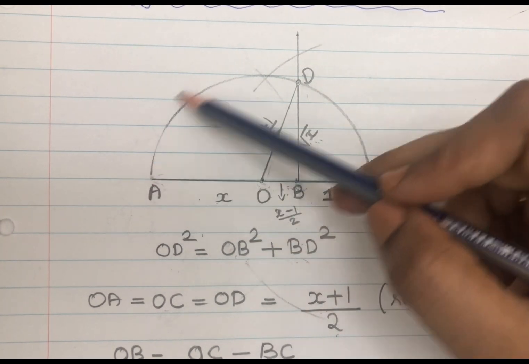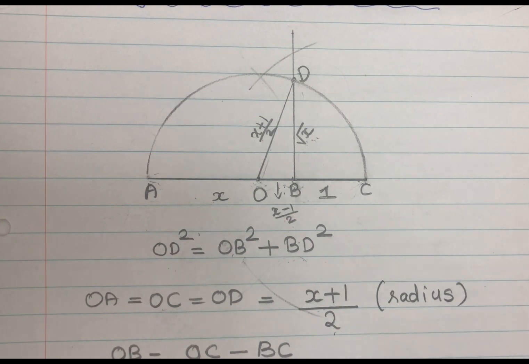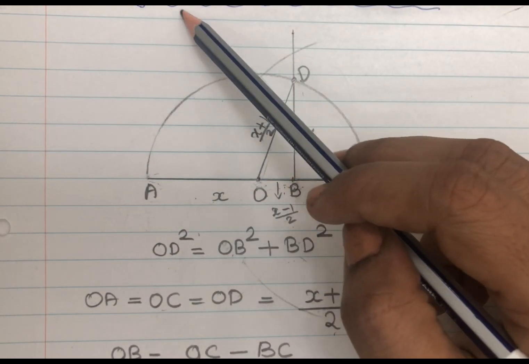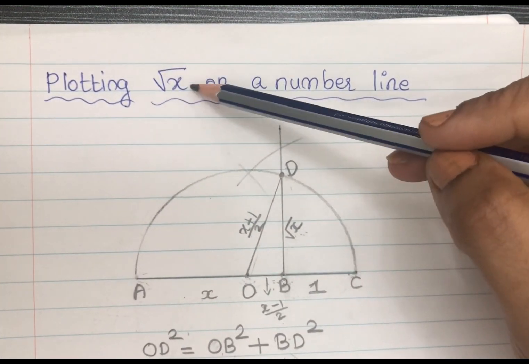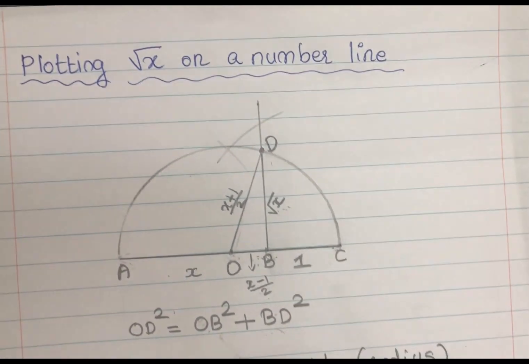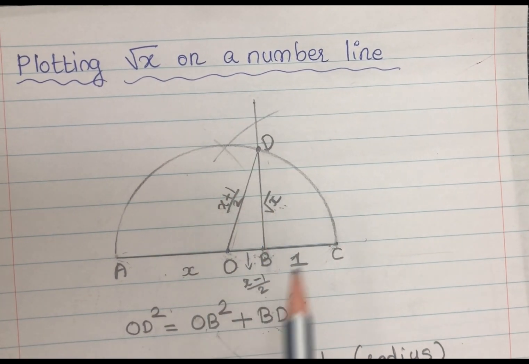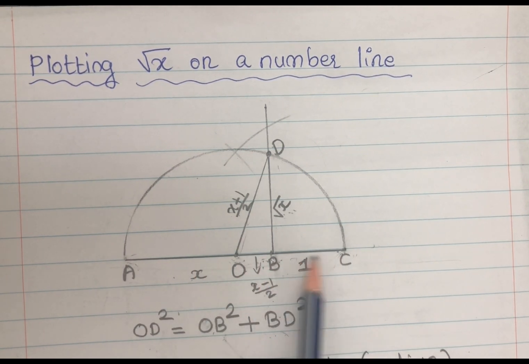So for any positive real number x, can we plot it? How can we plot root x on a number line? We use a similar way. First we'll take x as AB, then we add 1 unit to it and make it BC.